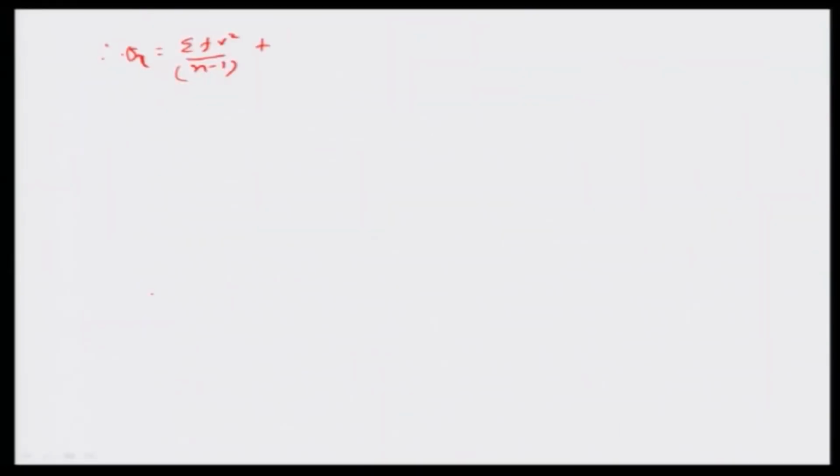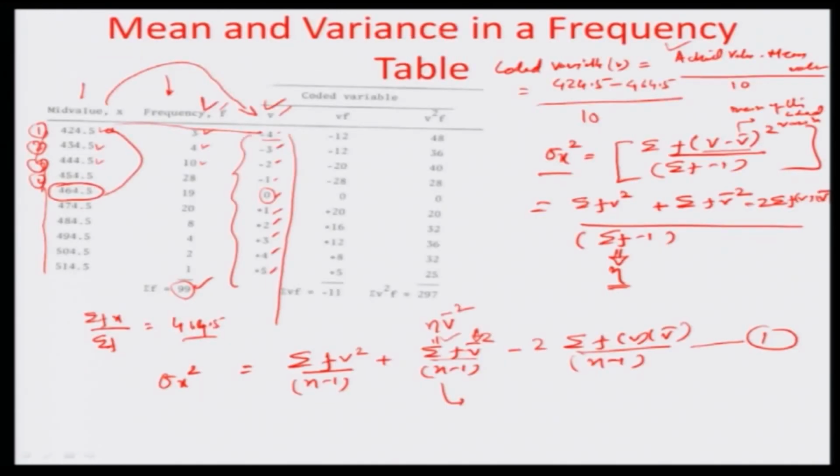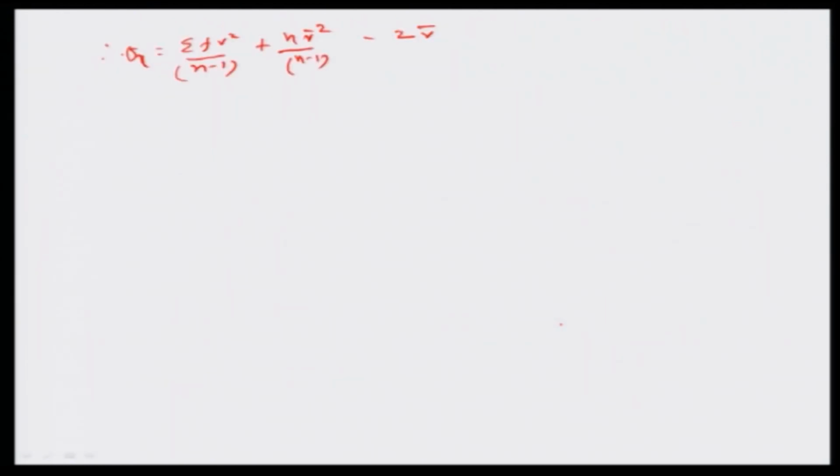So, this can be represented as n v dash square by n minus 1 minus twice v dash times of sigma f v, by pulling out v dash outside the summation. So we are left with twice v dash times of sigma f v by n minus 1.